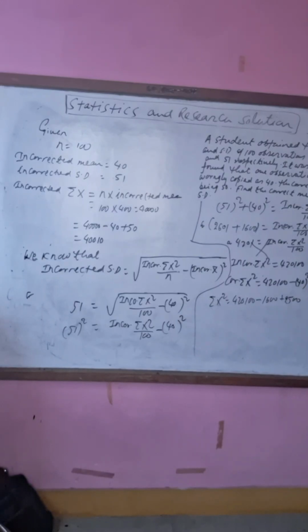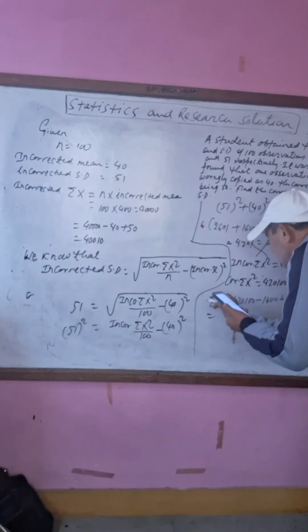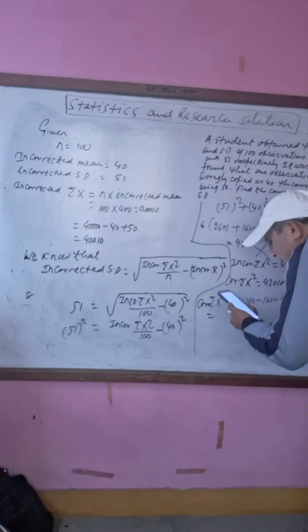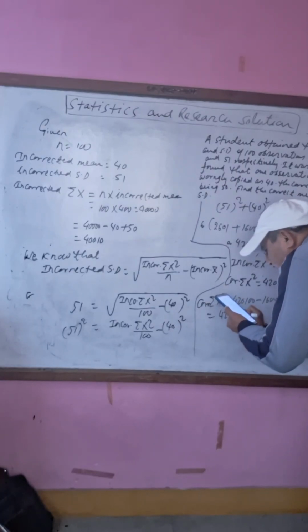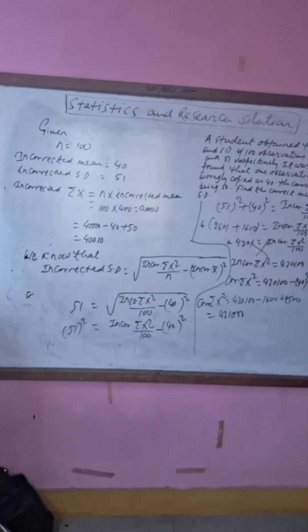Now you add 420100 plus 2500 and then minus 1600. So this is the corrected value, you write corrected, that is 421000, this one is the corrected summation x square.